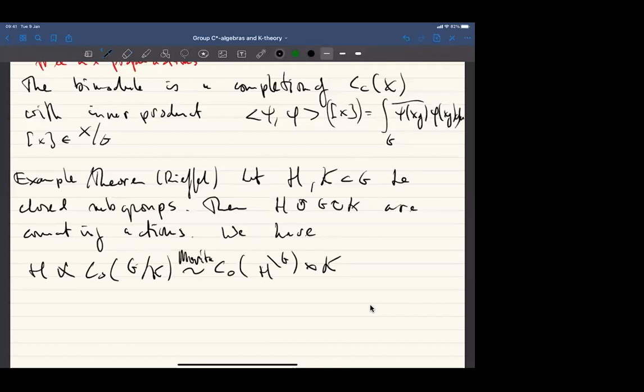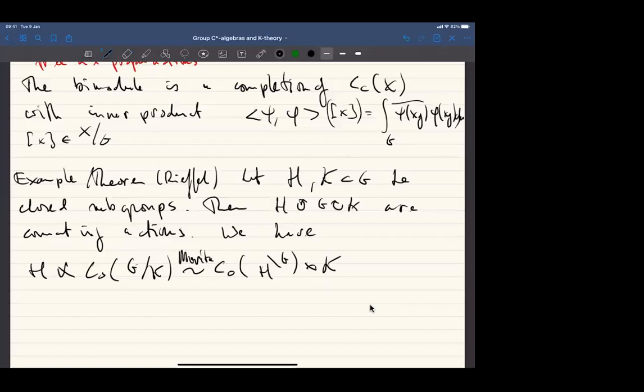So if I have two subgroups, then the two crossed products that I can associate to these subgroups are actually Morita equivalent. And here you see again the interplay between quotients and crossed products. So I take a quotient by one group and I cross by the other, or the other way around, and I get a Morita equivalence.